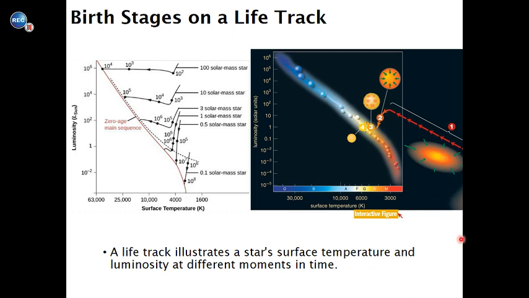If you follow the pointer that's on the right, the initial cloud would be at the very bottom of the image, well off of the diagram that we first showed. And as the protostar forms, it'll get warmer and warmer. It'll move up and to the left until it enters the image, and then eventually it'll enter the main sequence as fusion starts.